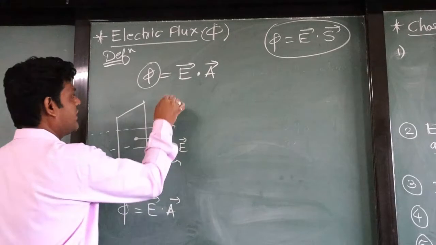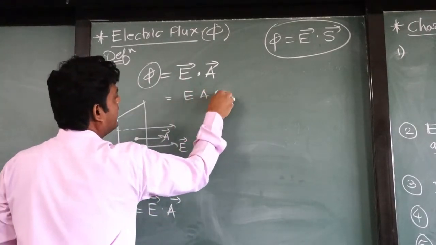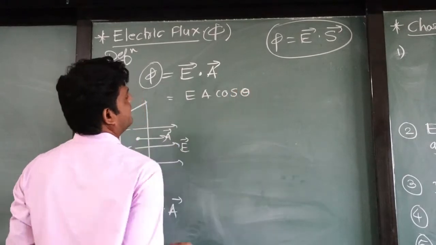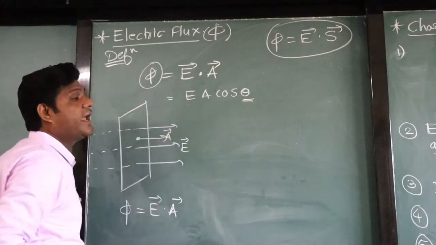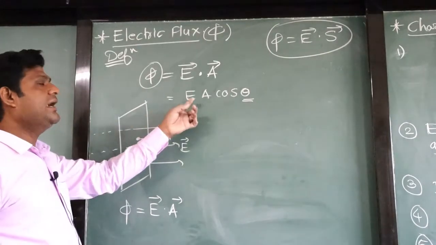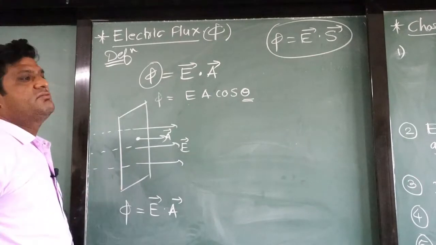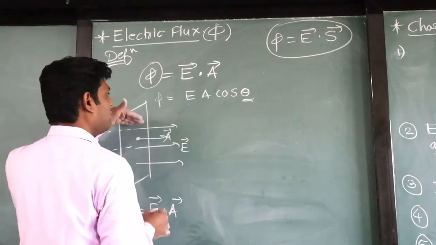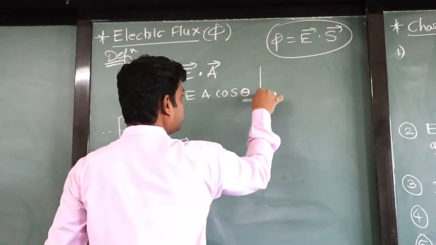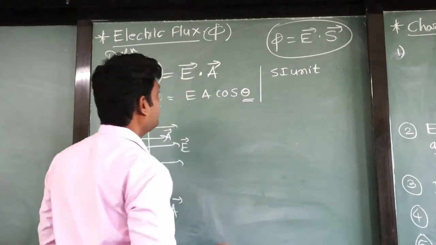This is the definition. Again, we can write E A cos theta. What is theta? Theta is the angle between E vector and A vector. This is the flux. First of all, we will calculate the SI unit. What is the SI unit of flux?